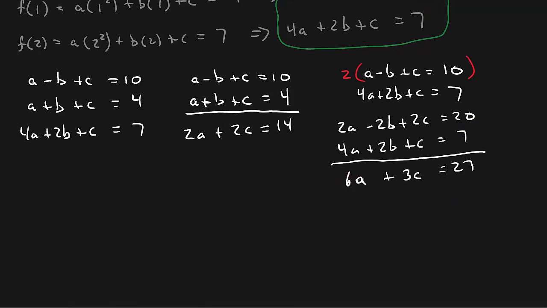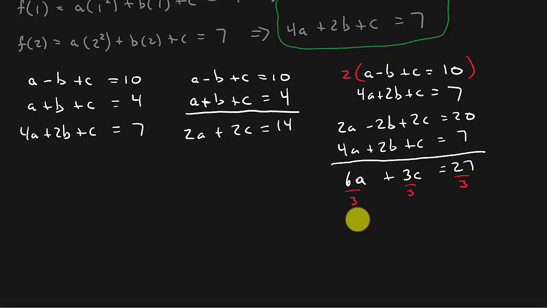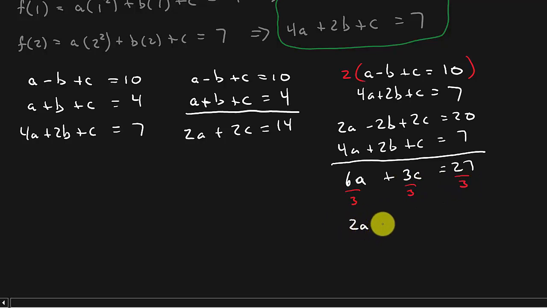So now remember from that last problem that we worked, I can divide all of this by 3. And that's going to leave me with what? 2a plus c equals 9. And then look here, I can divide this by 2.